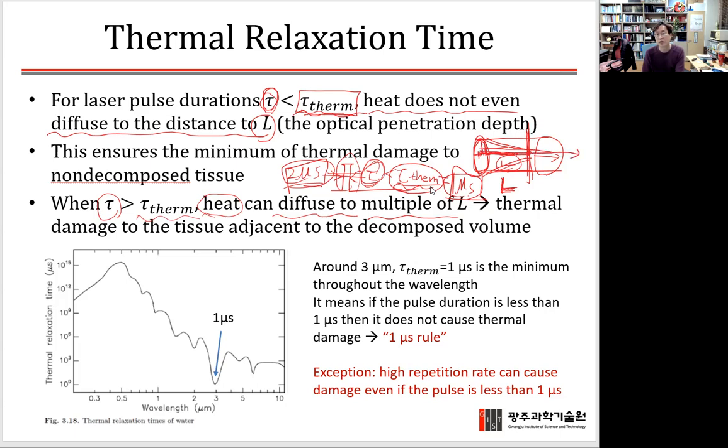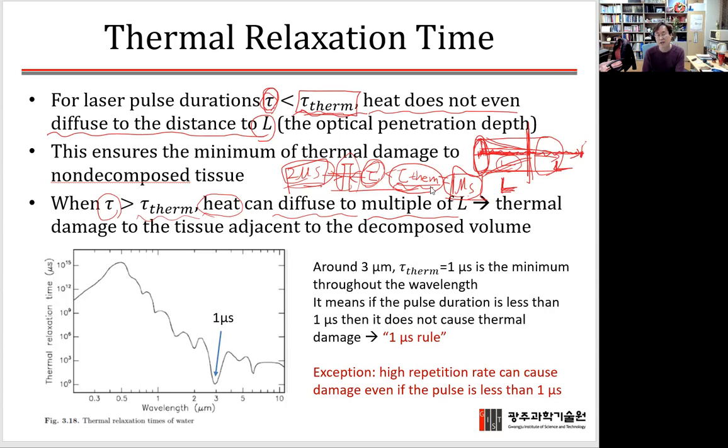So the heat will be transferred from the surface to the depth of the air, and also another depth of the air. You can actually have heat delivered into this position.